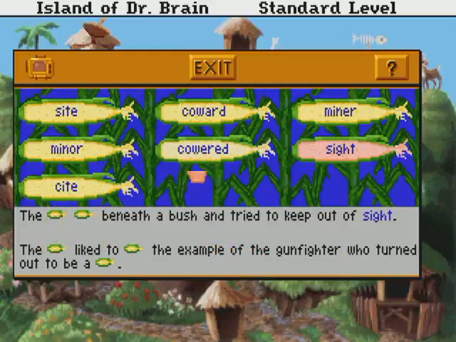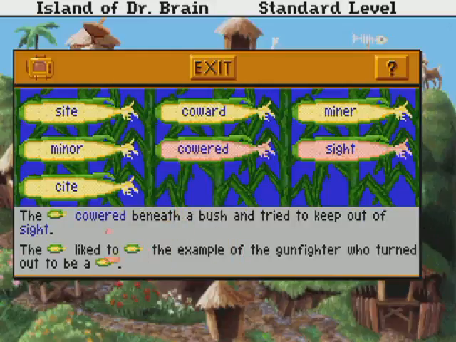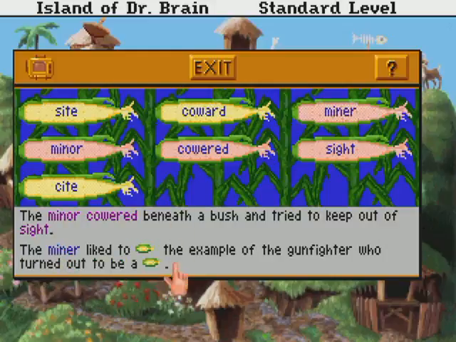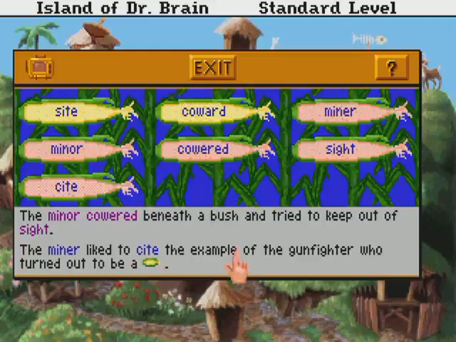The thing cowered beneath a bush. No. Let's see, I think minor? No, the miner. Alright, the miner cowered beneath a bush and tried to keep out of sight. The miner liked to cite the example of the gunfighter who turned out to be a coward.